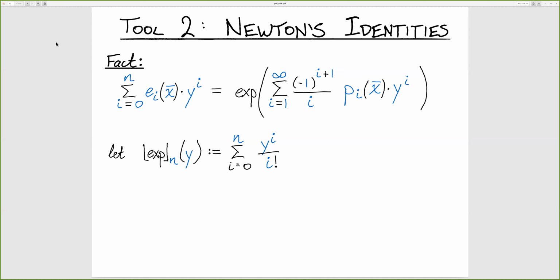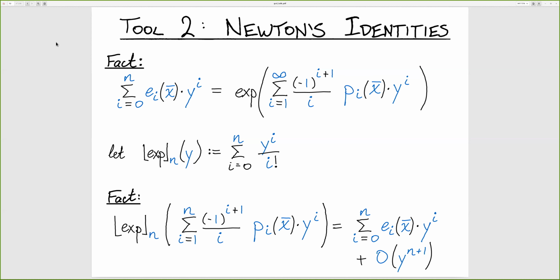That's actually what we're going to do. So if you take the exponential and truncate it up to degree n, and then truncate this inner series up to degree n, what do you get?